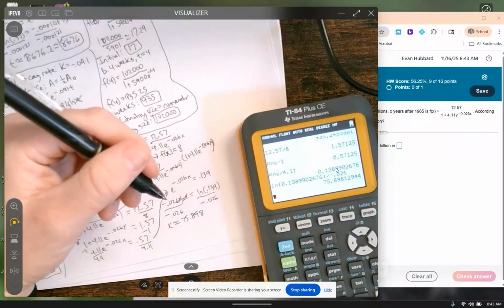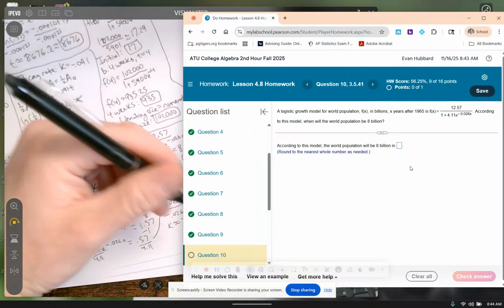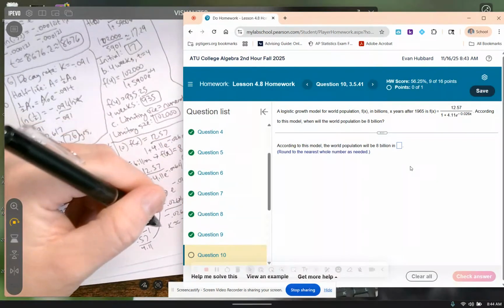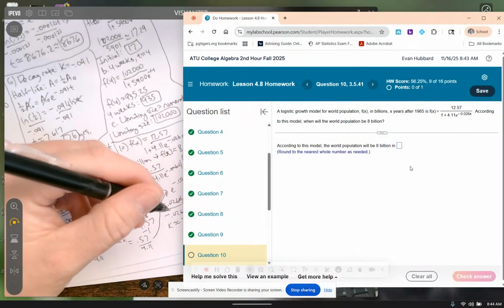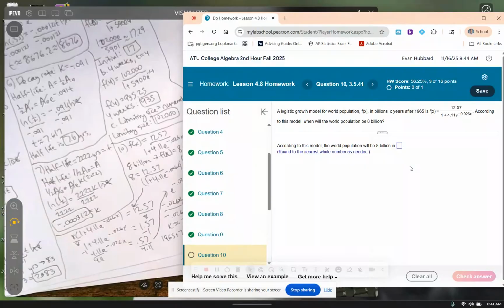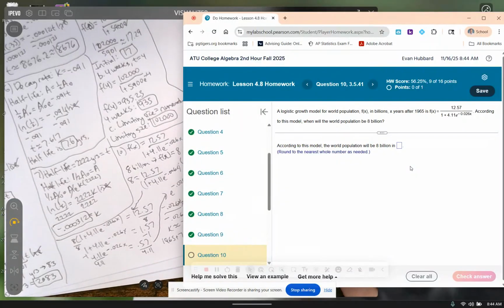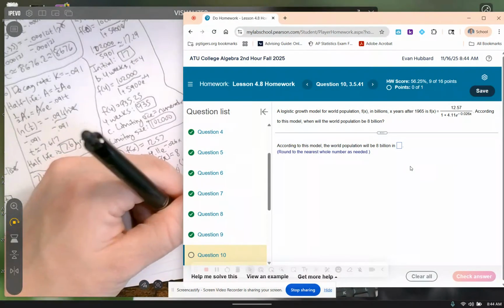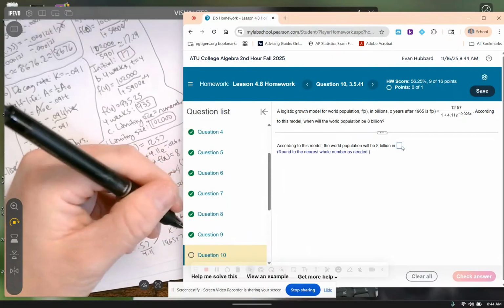And so that would be around 76 years. So I'm going to add that to here. 1965 plus 76 would be 2041. I hope this is right.